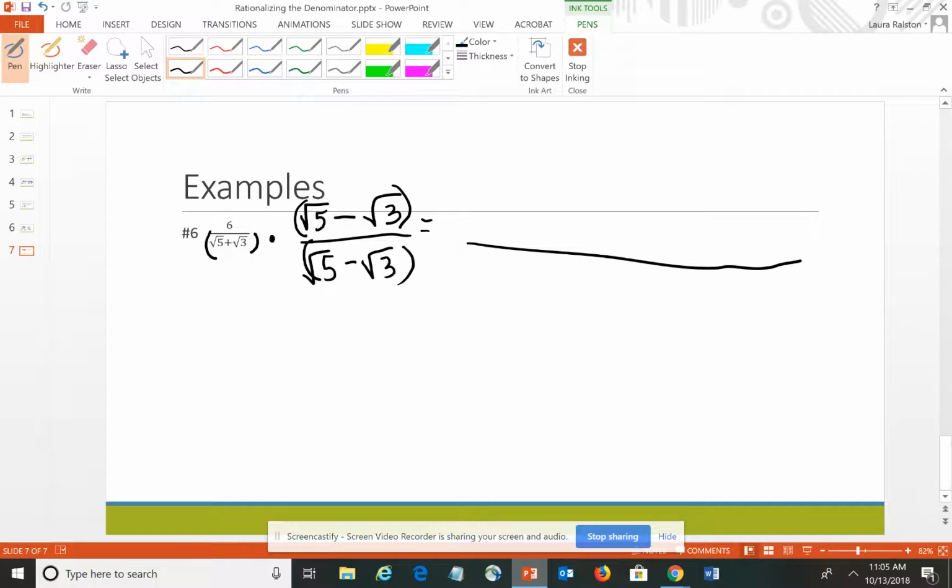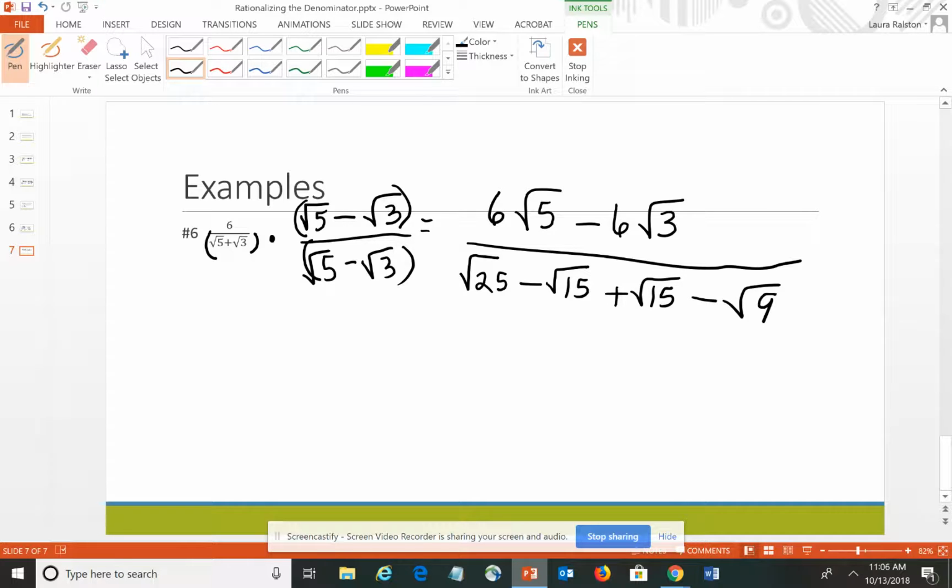In the numerator, we distribute. So I have 6 times the square root of 5 minus 6 square root 3. In the denominator, I have square root of 25 minus square root 15 plus square root 15 minus the square root of 9. Then I'm going to go back and combine terms that I can combine.